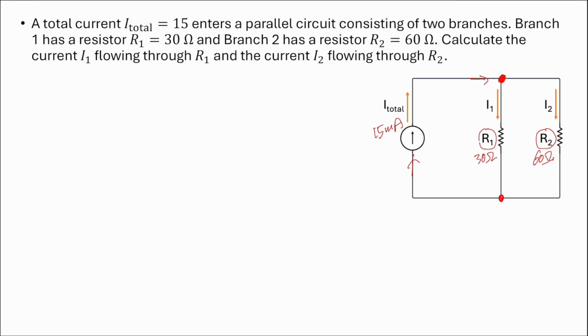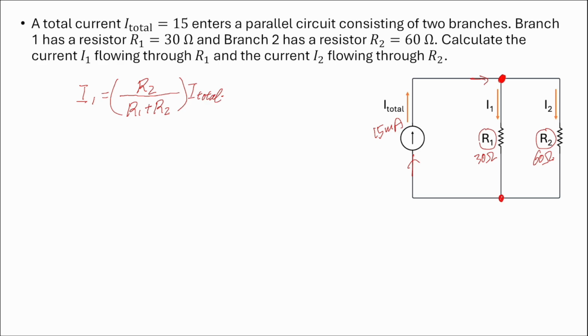So let's look at what I1 and I2 are. First, I1 is clearly proportional to I total, and the proportional constant here, again, is a fraction. The denominator is R1 plus R2. However, the numerator is R2.